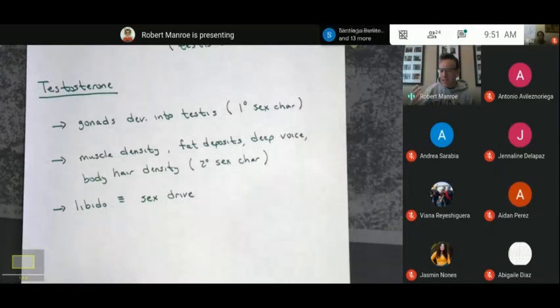The development of sexuality is fascinating, because when females become fertile, when they have the ability to produce offspring, they start to menstruate.